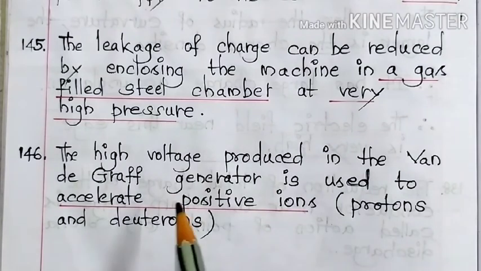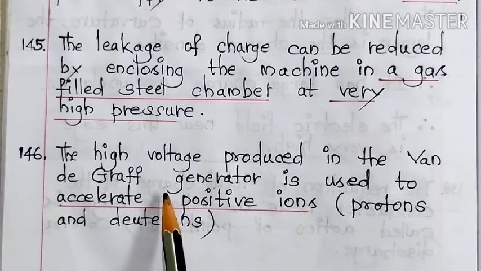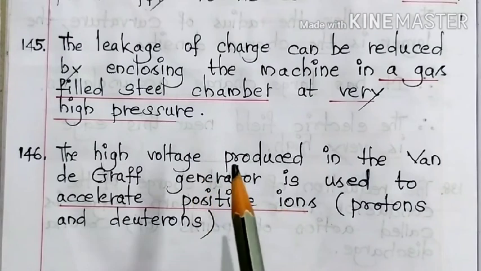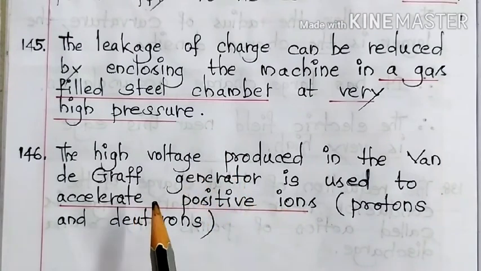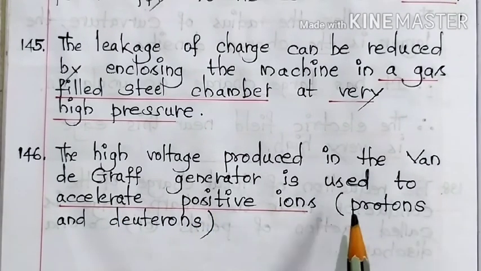So on the whole, this Van de Graaff generator produces positive potential. So positive potential drives only positive ions. You might know that like charges repel. So that positive potential accelerates positive ions. What are positive ions? Something like protons and neutrons.